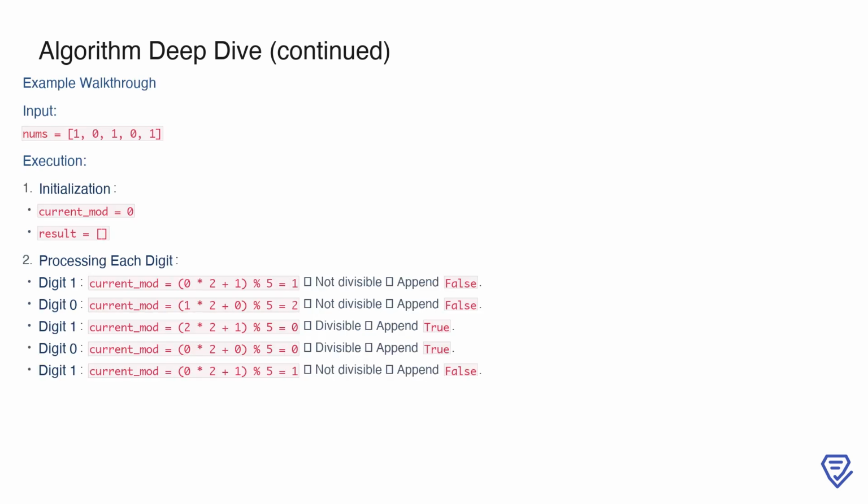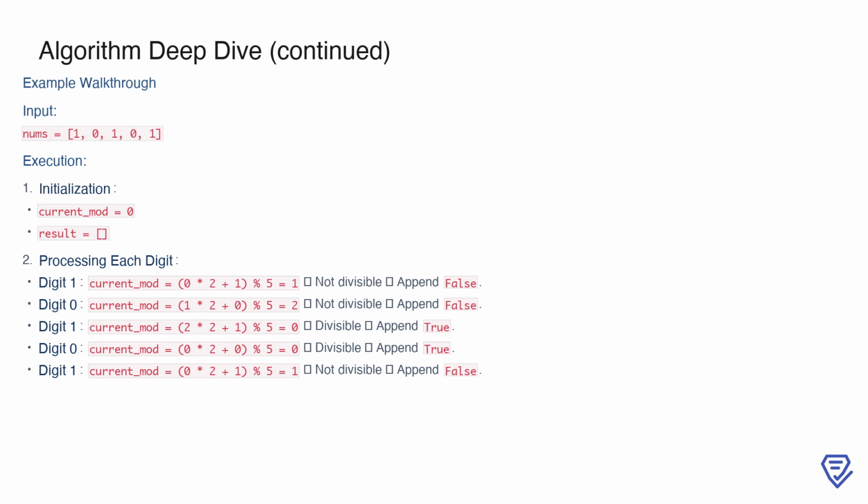To better understand the algorithm, let's go through an example. Consider the input array nums equals 1, 0, 1, 0, 1. We start by initializing current_mod to 0 and the result list is empty. For the first digit, 1, we calculate current_mod equals (0*2 plus 1) % 5 equals 1.